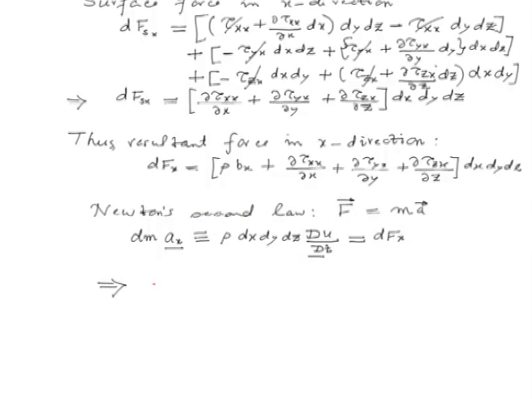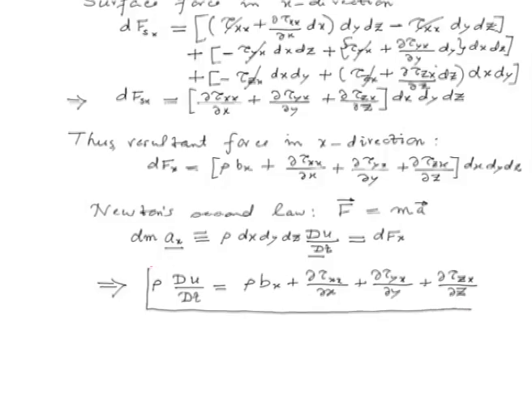If we substitute these two equations and simplify, we get rho times du by dt is equal to rho bx plus del tau xx over del x plus del tau yx over del y plus del tau zx over del z.